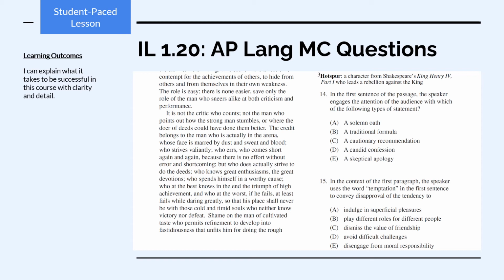To answer this question correctly, you really just need to know what all the words mean. You need to know what an oath is, what a recommendation is, what a confession and apology is. You need to know what solemn means, what candid means. And so you do have to have kind of an elevated vocabulary, but you don't have to know specific devices necessarily.